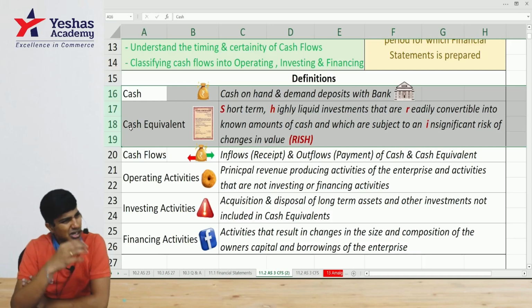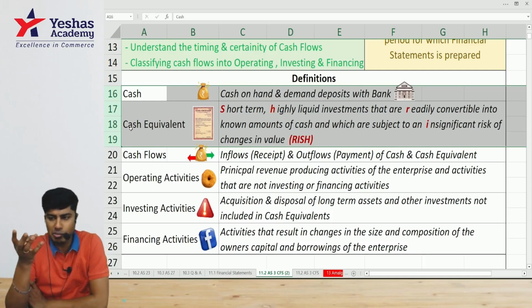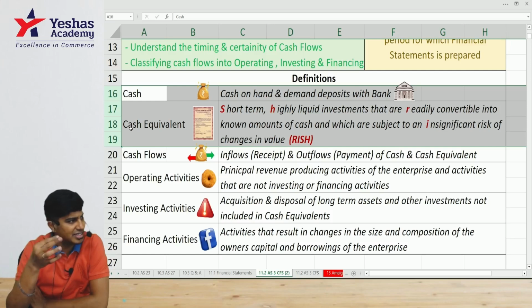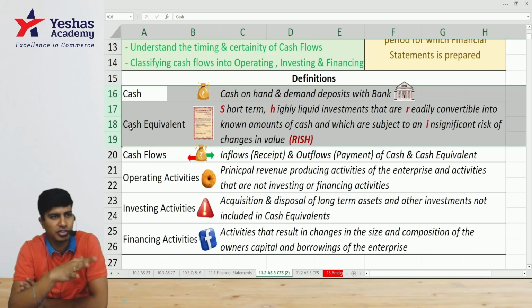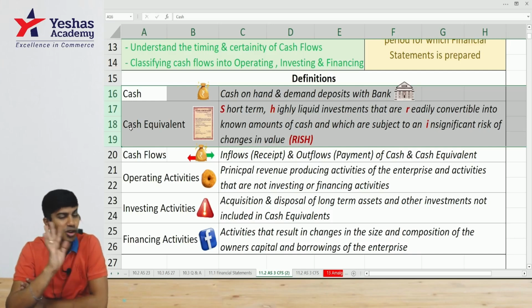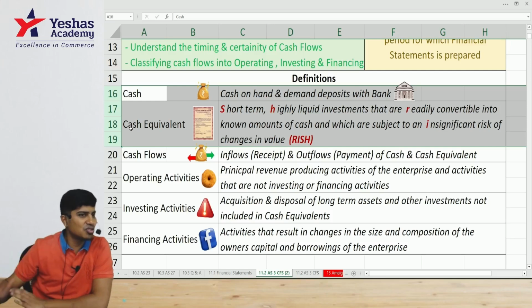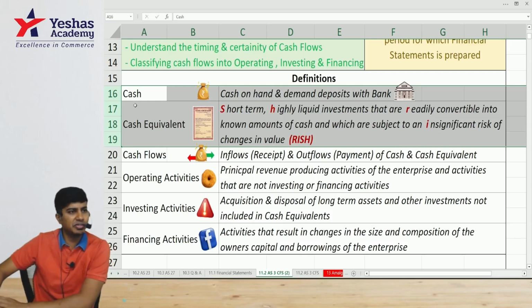I know you can't mug up the same definition and write. If you remember the word RISH, the remaining words you can write in your own way. But these four keywords, you have to use exactly. Write these four keywords, and whatever else you write will lead to the same.